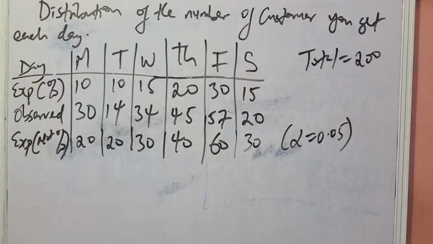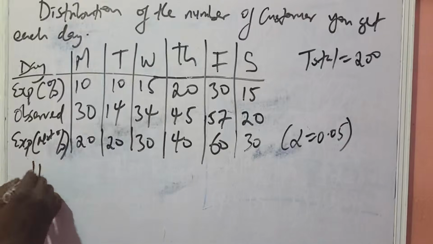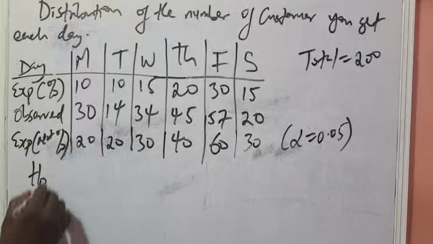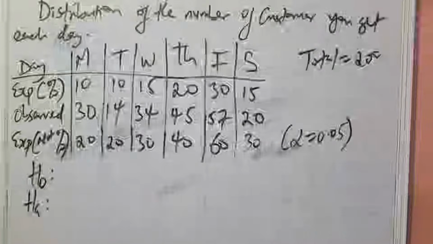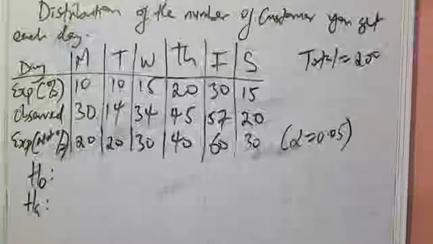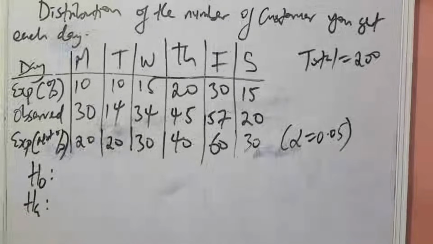I want to start by stating the hypothesis, which is very important. Can somebody tell me what the null hypothesis would be? Can you give me a very quick take on what you feel the null hypothesis will be?